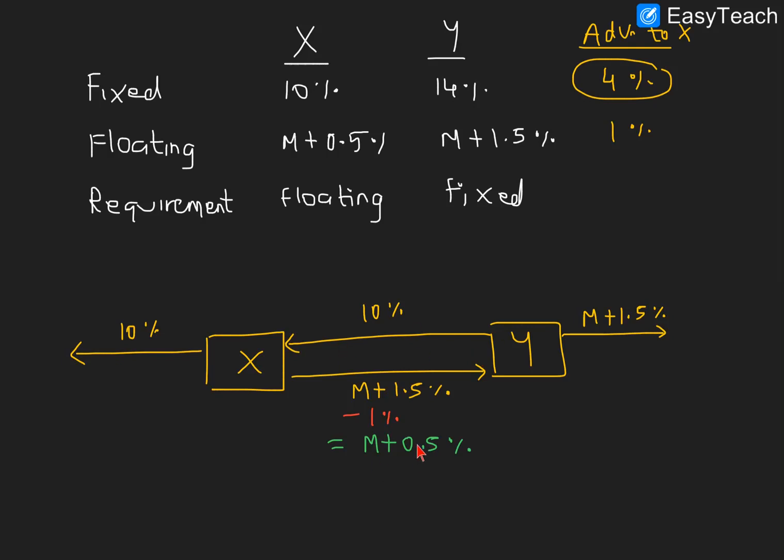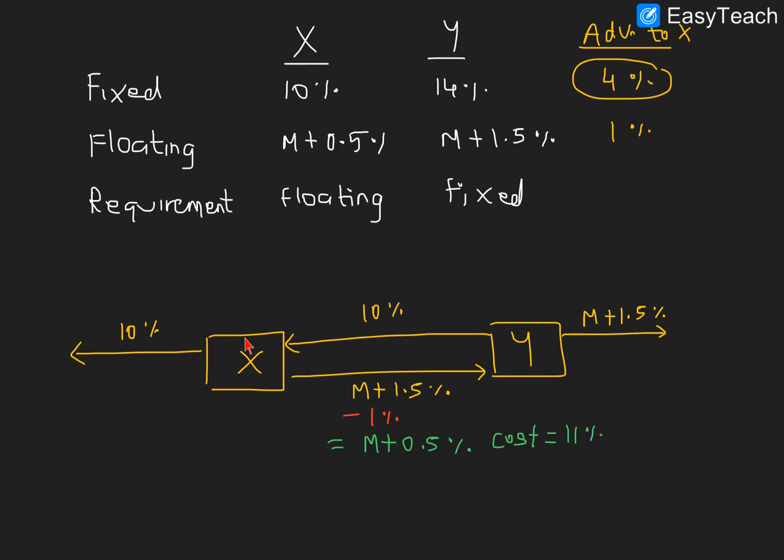So at this stage, cost to Y, you will find that MIBOR gets cancelled, he's paying MIBOR, he's receiving MIBOR, and additionally 1% he's paying. So basically at this stage, cost to Y is 11%. So the entity Y will be still okay with this sort of arrangement, because cost for Y is turning out to be 11%, which is definitely lower than what it could have bought on its own.